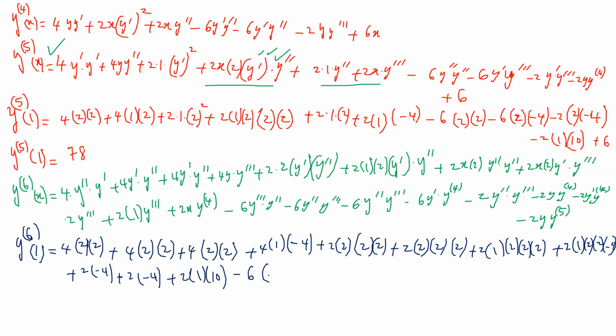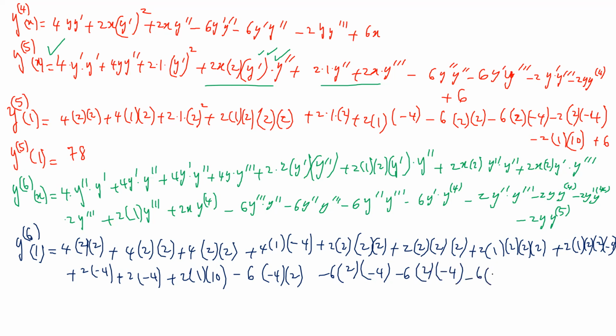The triple prime is what? It is minus 4. The double prime is 2. Double prime 2, triple prime minus 4.